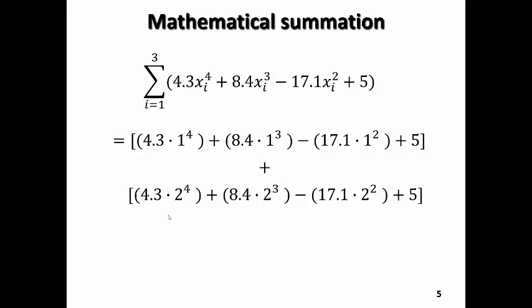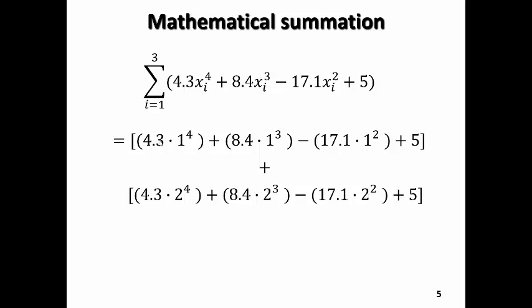And so once again we see the 4.3, we multiply that by 2 raised to the power of 4 plus 8.4 times 2 raised to the power of 3, subtract 17.1 times 2 raised to the power of 2 plus 5.